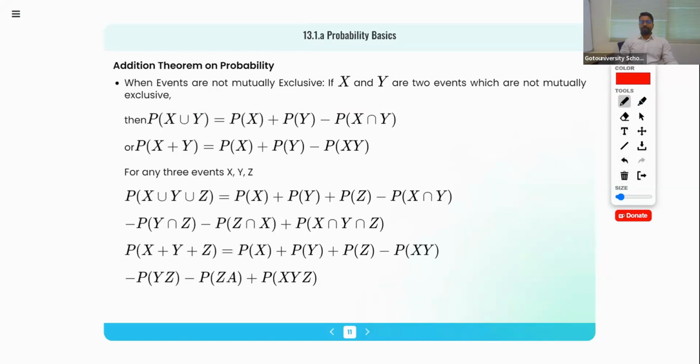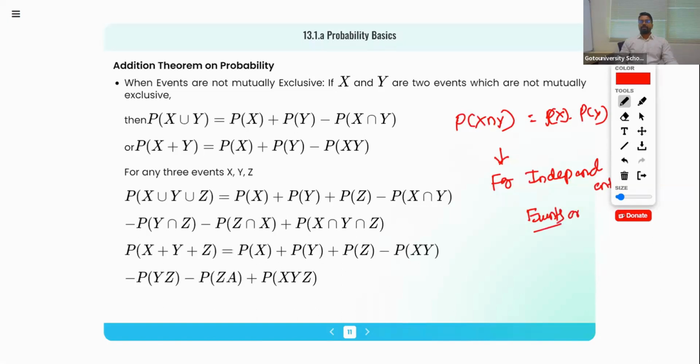And what is probability of X and Y? That is again very important. Probability of X intersection Y is probability of X into probability of Y, for independent events only. What do you mean by independent events only?